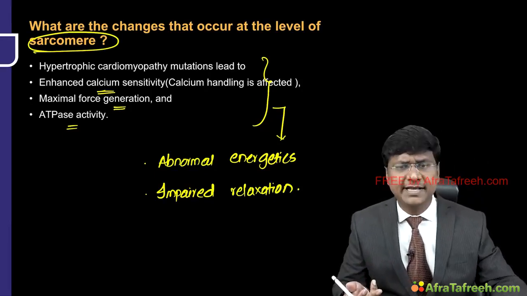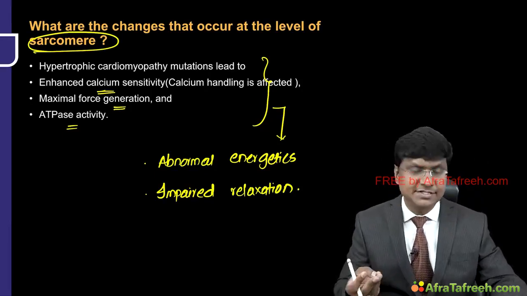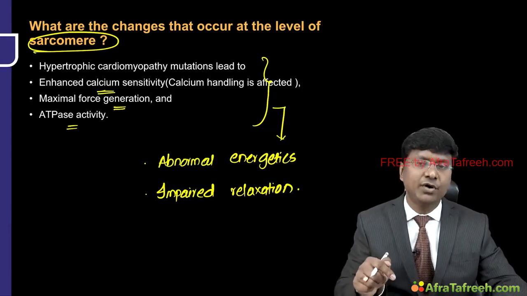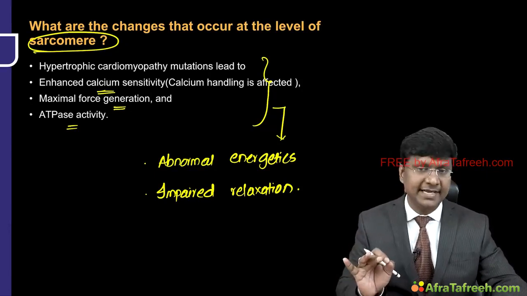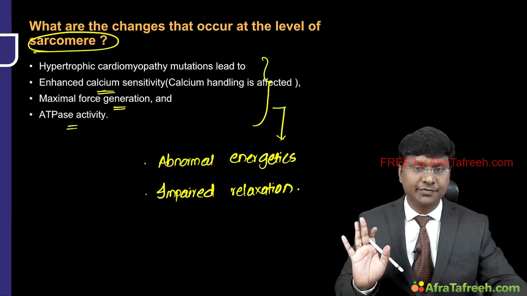And why this impaired relaxation of the myocardium? That is because of the hypertrophy of the myocardium. Impaired relaxation is mainly because of the hypertrophy.